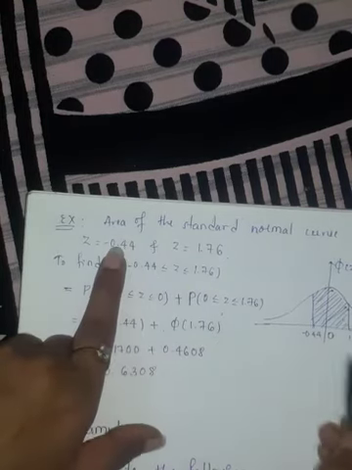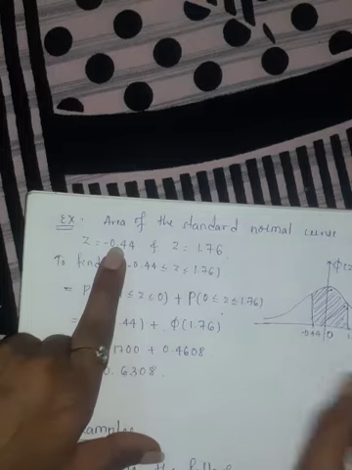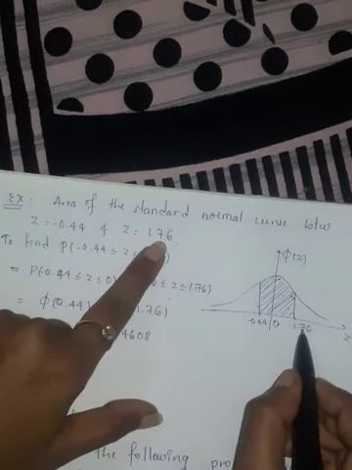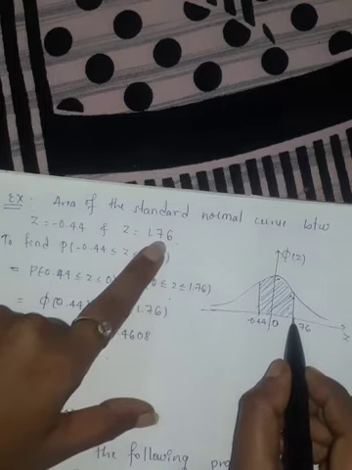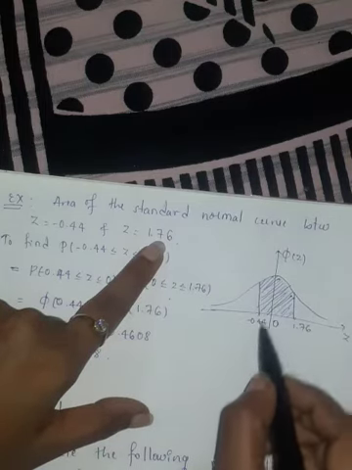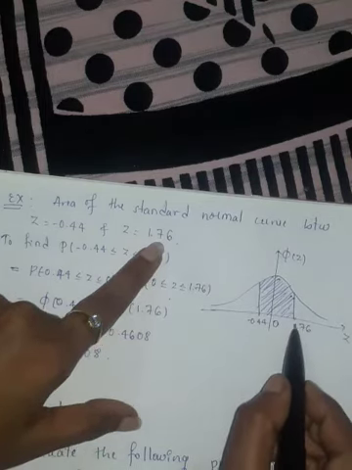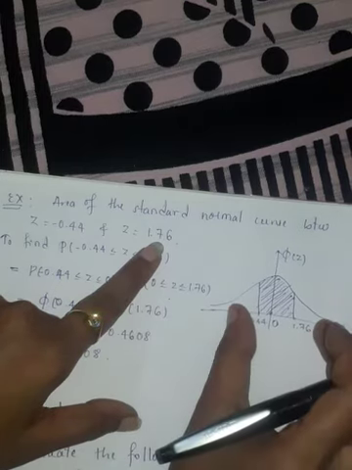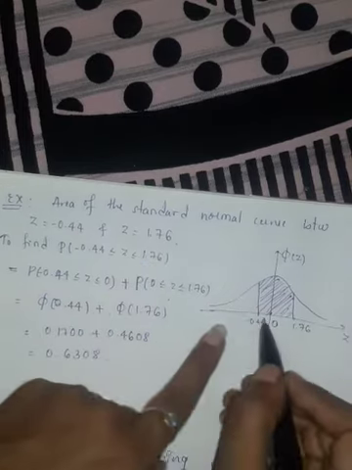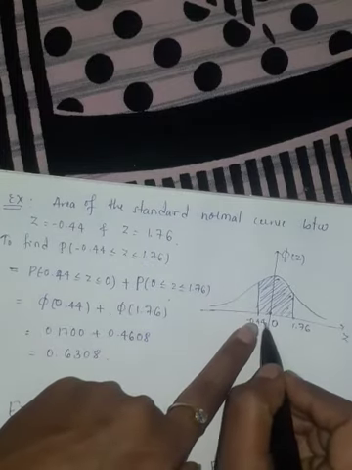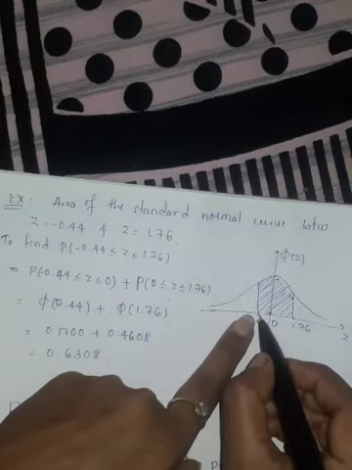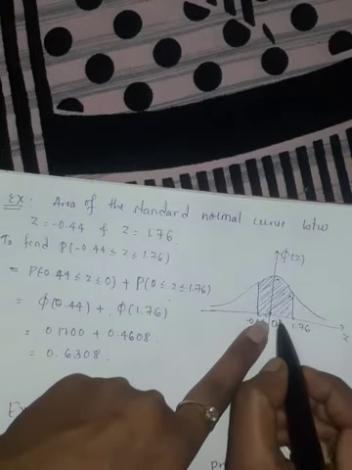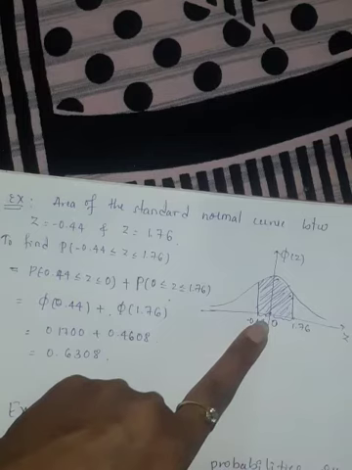Minus 0.44 lies somewhere here, and z equal to 1.76 is somewhere here. So the area from minus 0.44 to 1.76 can be written as minus 0.44 to 0, this area, plus 0 to 1.76, this area.